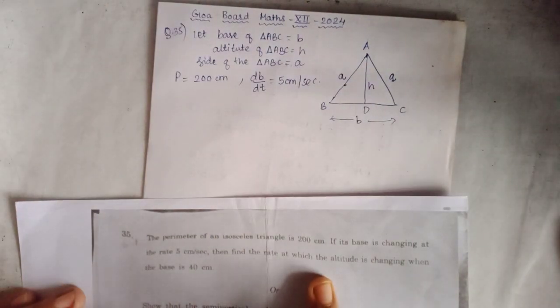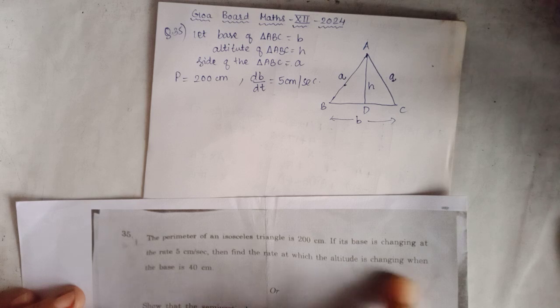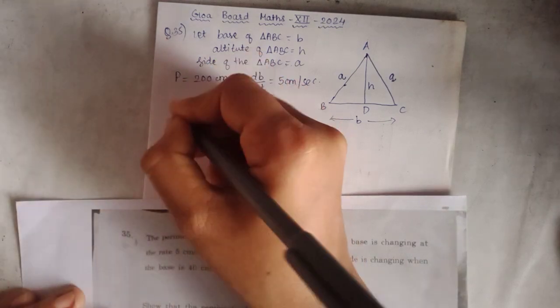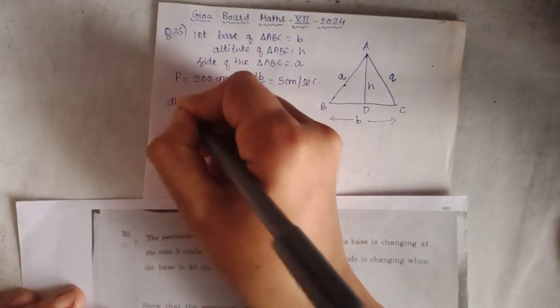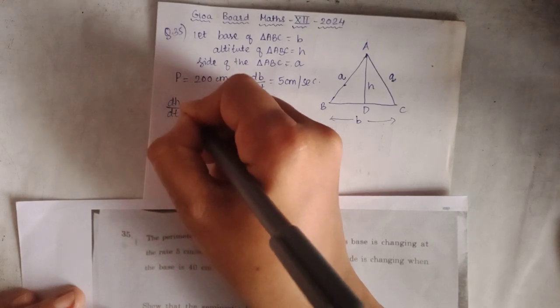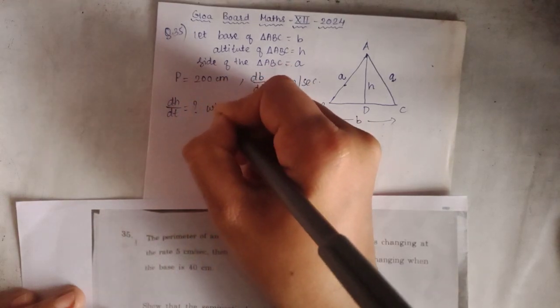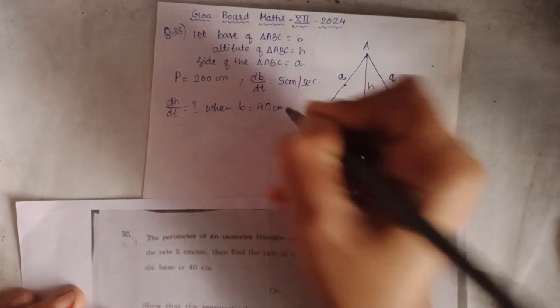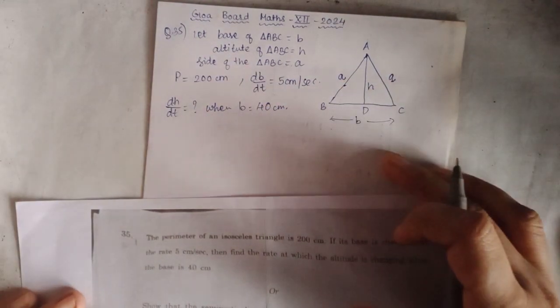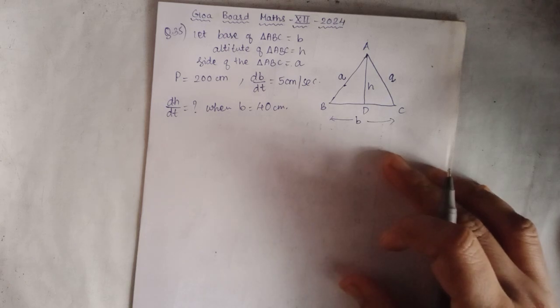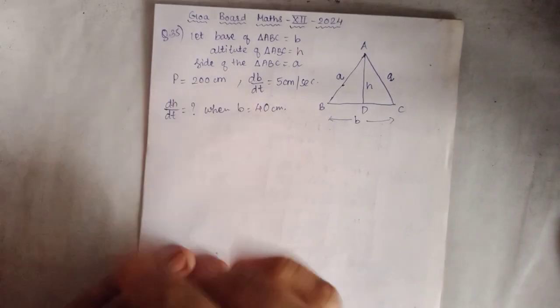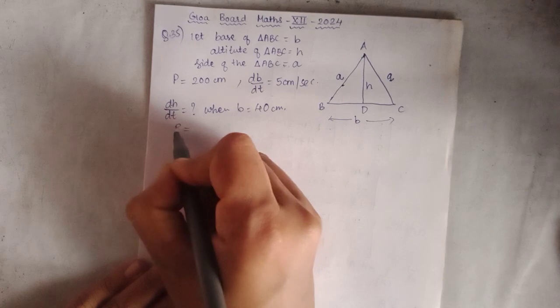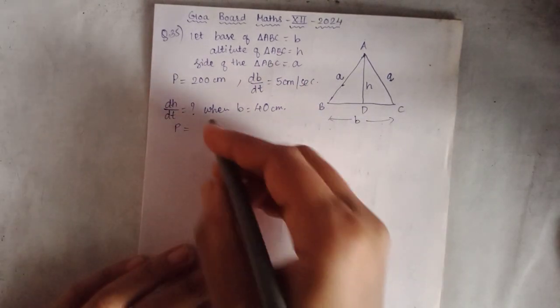So we have to find the rate at which the altitude is changing when the base is 40 centimeters. So altitude is h. So dh by dt we have to find when the base is 40 centimeter. Okay, so let's start. Perimeter is the sum of all three sides.